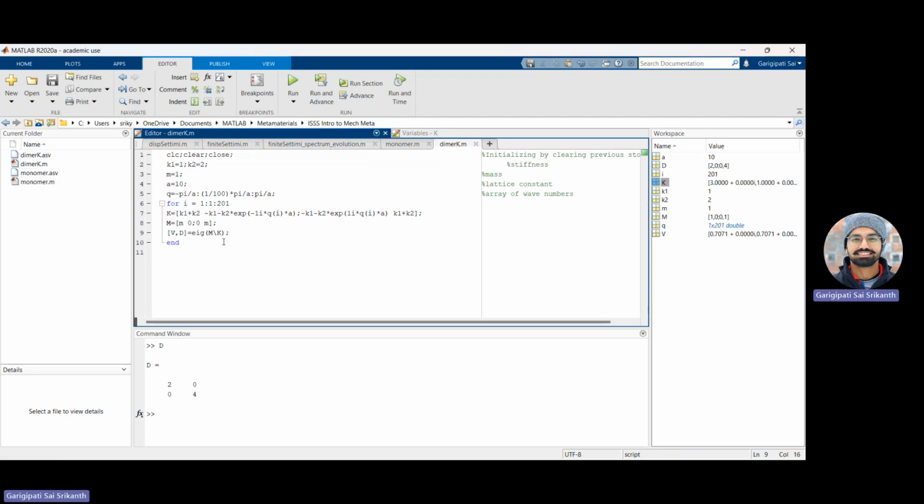So that means we need to save D and V for each value of Q. Because if we do not save them, then we cannot plot them later. So we need to write V and D for each value of Q. So that is what we have learned.